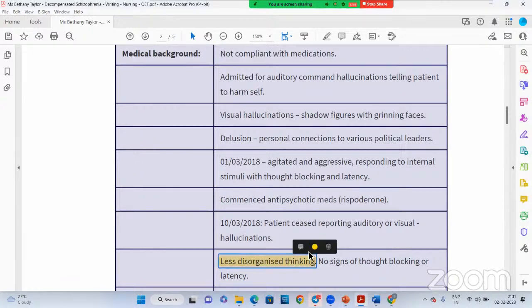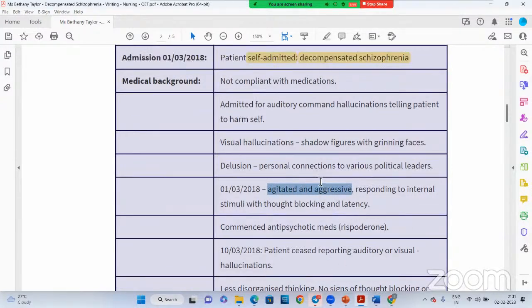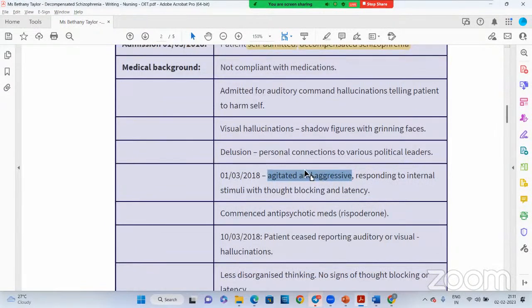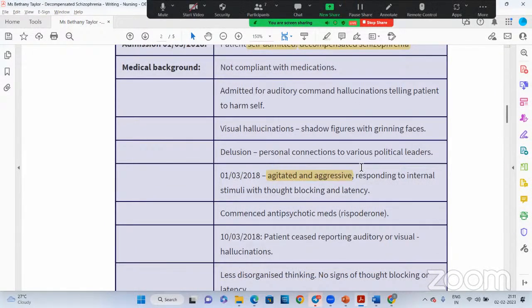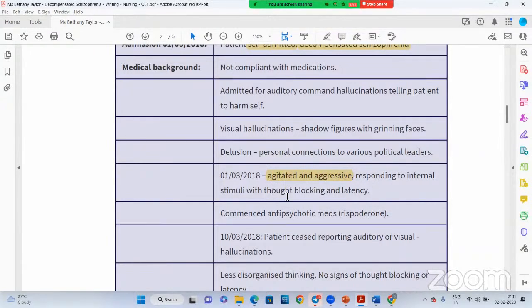Then where we have to go, this is not the right point. So now here it is. Responding, okay, agitated and aggressive. You can see here. Agitated and aggressive. This is one point. Okay. And then responding to internal stimuli with thought blocking and latency.